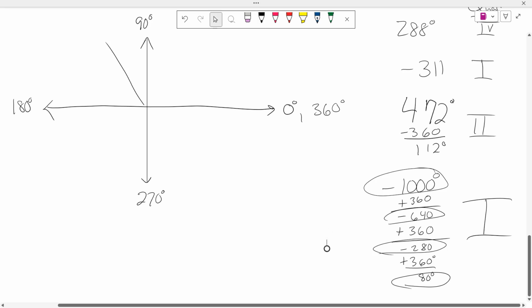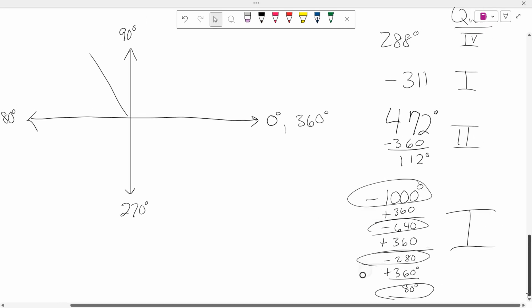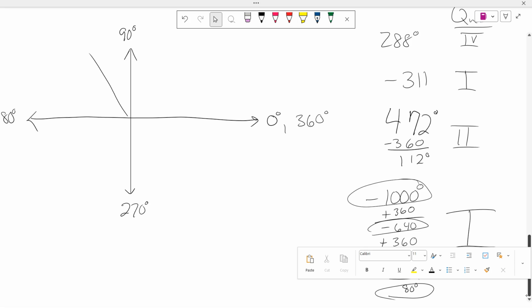So, let me put out your assignment here. It'll be on Math Excel for School. Homework 1.1a. And it's out there for you, so you guys can get started.